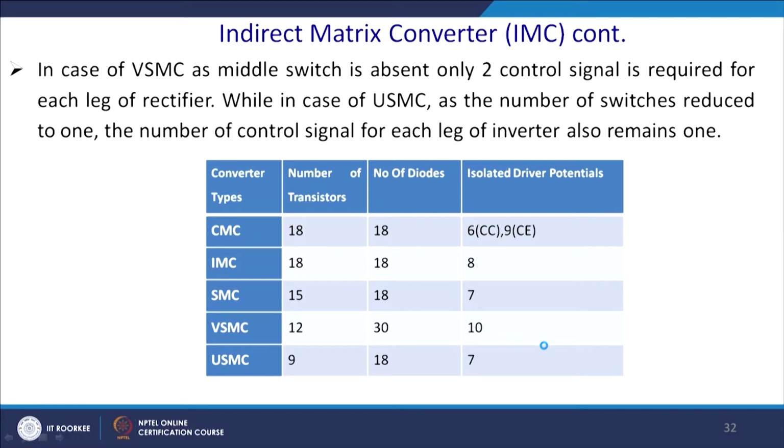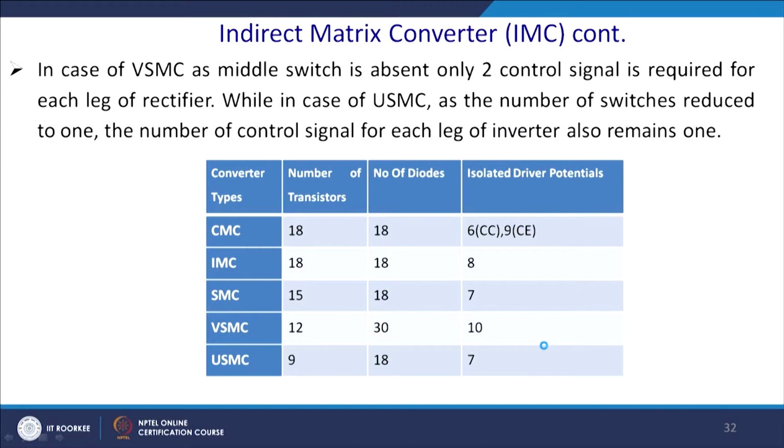Now, control of all those topologies it is not possible to discuss with the shortage of time, but some comparison of the switches has been discussed here. In case of the VSMC, as the middle switch is absent, only two control signals are required in each leg of the rectifier. It is something like a half bridge converter. It is something like a two level inverter or converter.